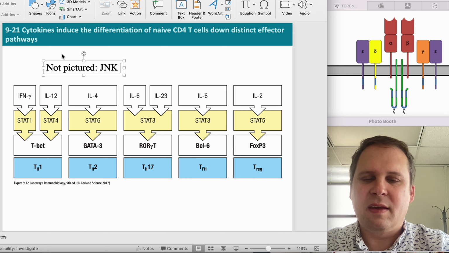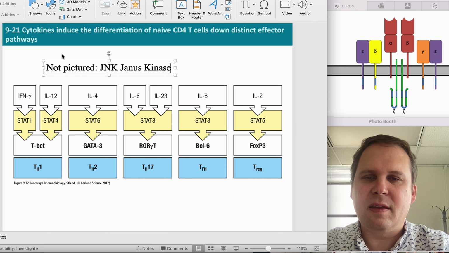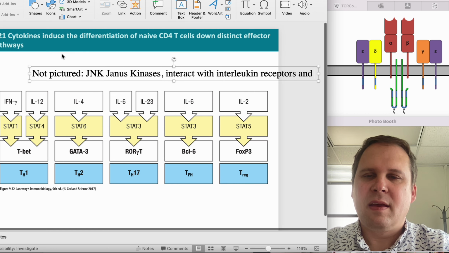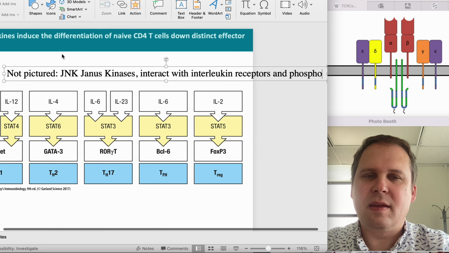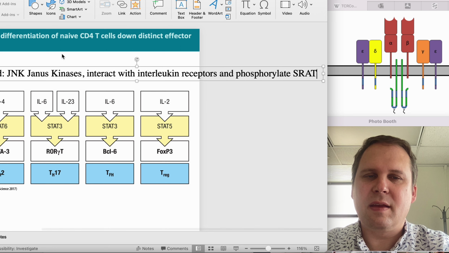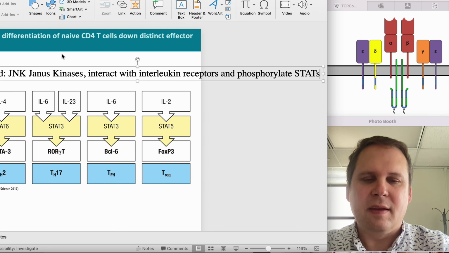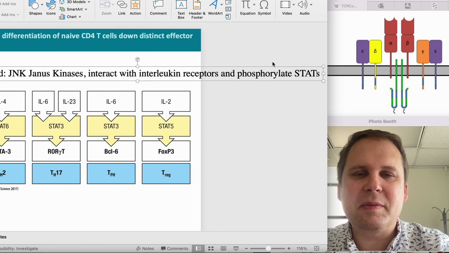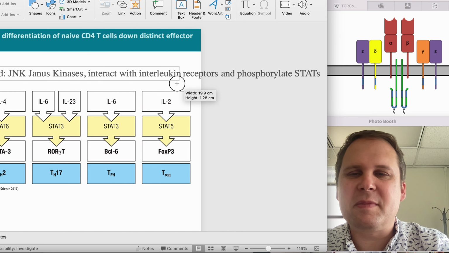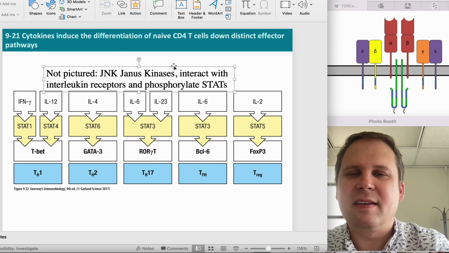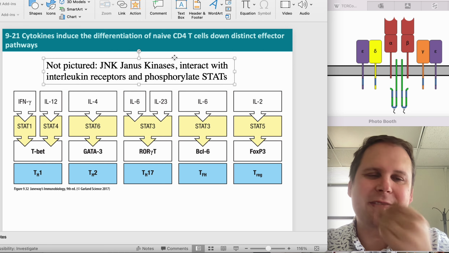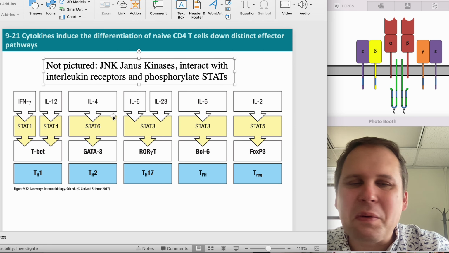JAK. These interact with interleukin receptors and phosphorylate some STATs. Yeah, so that's like the intermediate step. That's like where this arrow is.